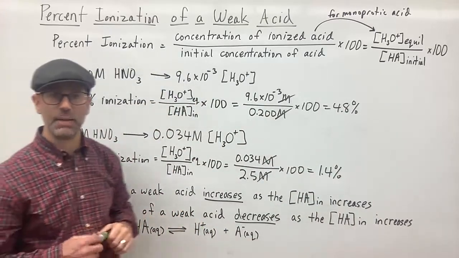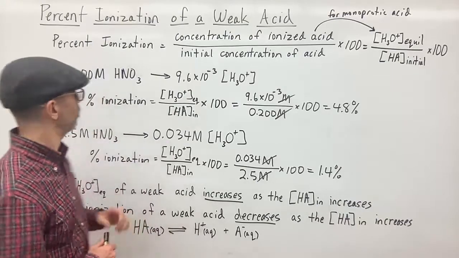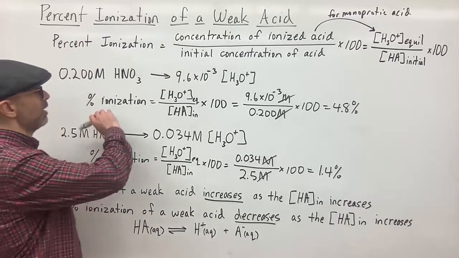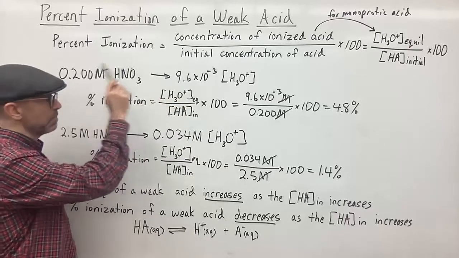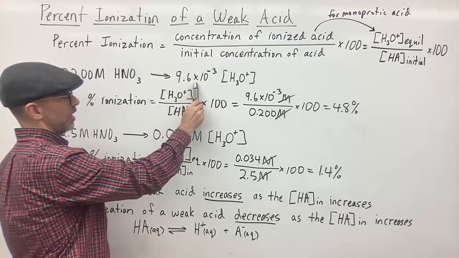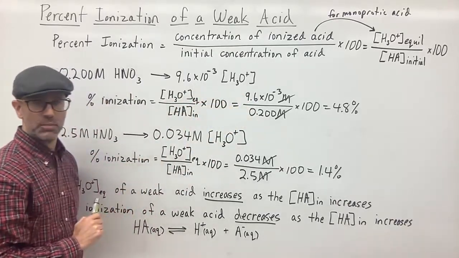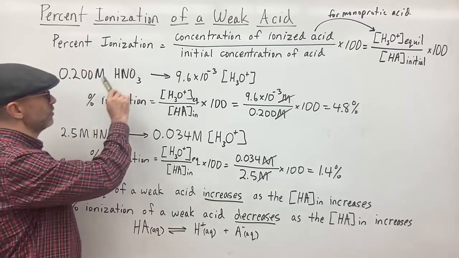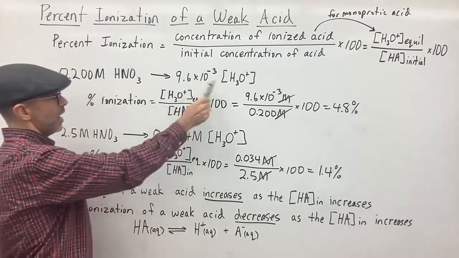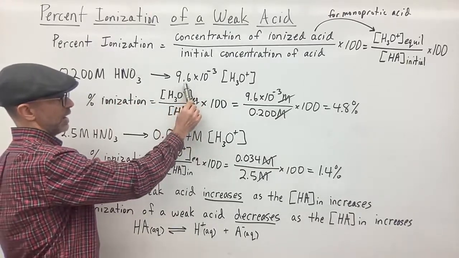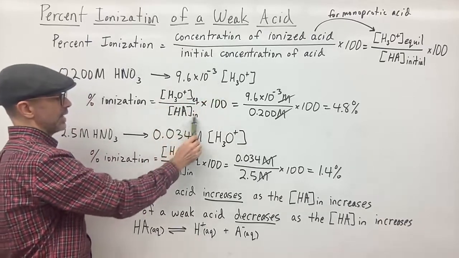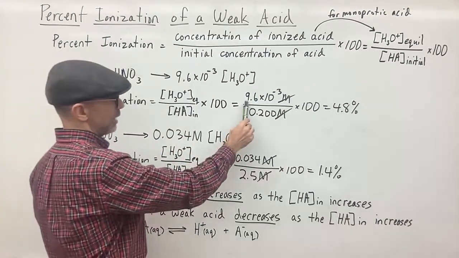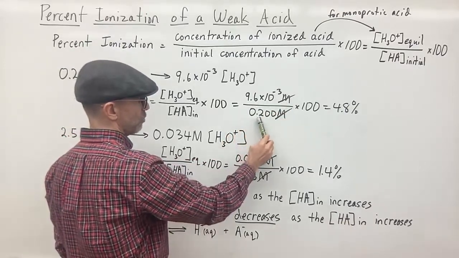So let's go over a couple of examples, and we'll point out some key things. Let's say we have a 0.2 molar solution of HNO3, which is a weak acid, and we find that for this concentration it gives us 9.6 times 10 to the negative 3 molar hydronium ion at equilibrium. We can calculate our percent ionization: the H plus concentration at equilibrium, 9.6 times 10 to the negative 3 molar, divided by the initial HA concentration, 0.200 molar.